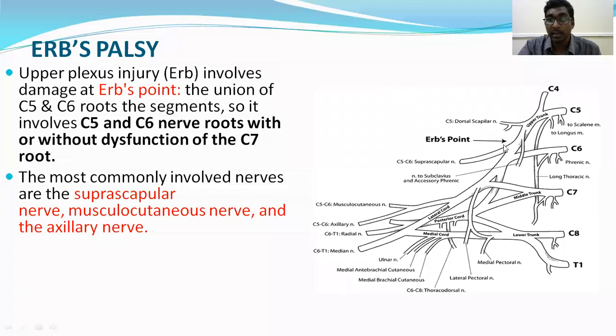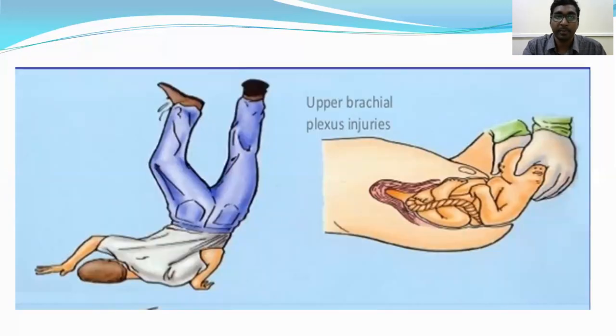So six branches are combining at this place. C5 and C6 nerve roots are mainly damaged in Erb's palsy. The upper root supplies the suprascapular nerve, musculocutaneous nerve, and axillary nerve, which mainly comprise C5 and C6 nerve root supply. So these nerves are mainly paralyzed in Erb's palsy.